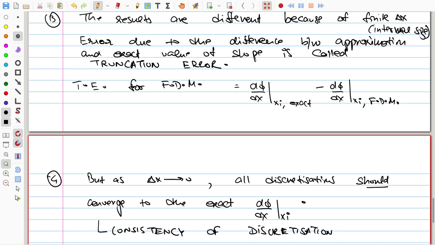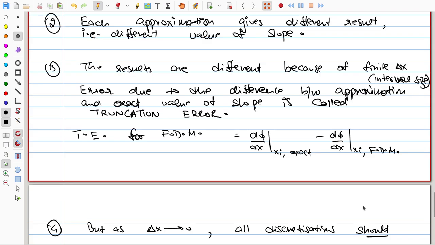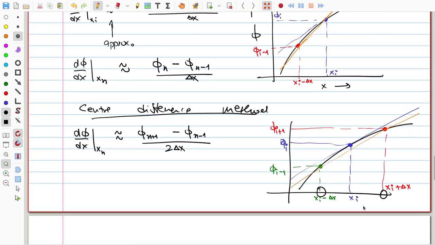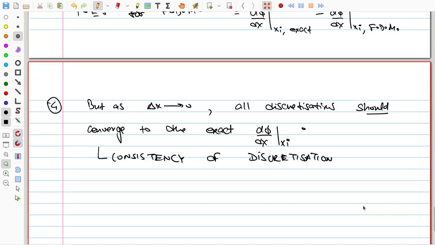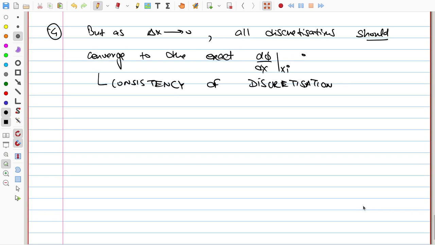We will talk about these ideas later in detail, but you should remember the word consistency. These three schemes that we have talked about, forward difference, backward difference and center difference, are all consistent. You can see that through intuition about slope, but I will show you that now mathematically, because that will be the part where we are able to quantify the errors.